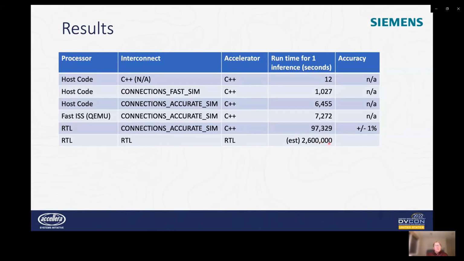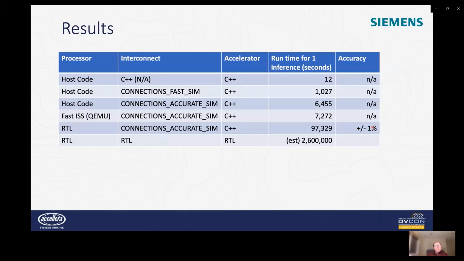And again, for you folks going to grab the calculator, that's about 33 days. So really impractical to run even a single inference on this design at the RTL level in logic simulation. Here, we need to really bring in some form of acceleration to the verification in order to meaningfully run this in a reasonable amount of time. So with emulation, we'd be doing this in probably under an hour.